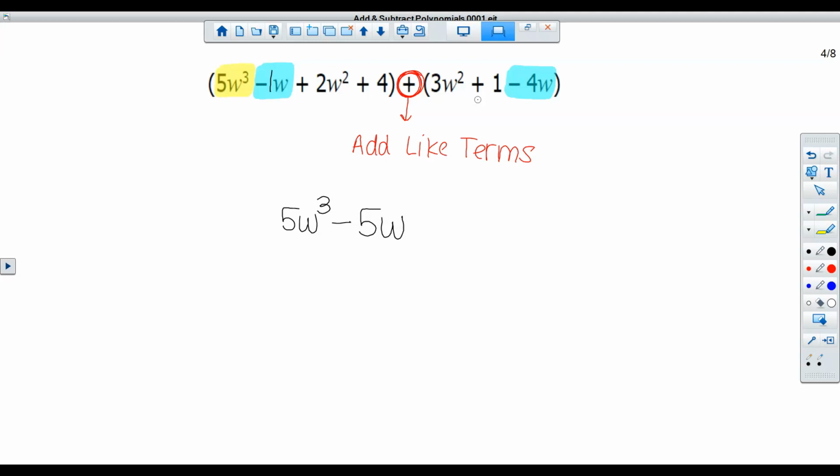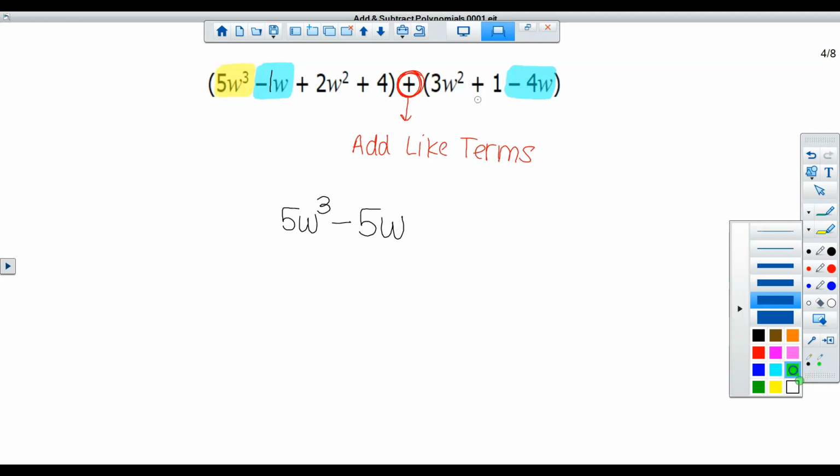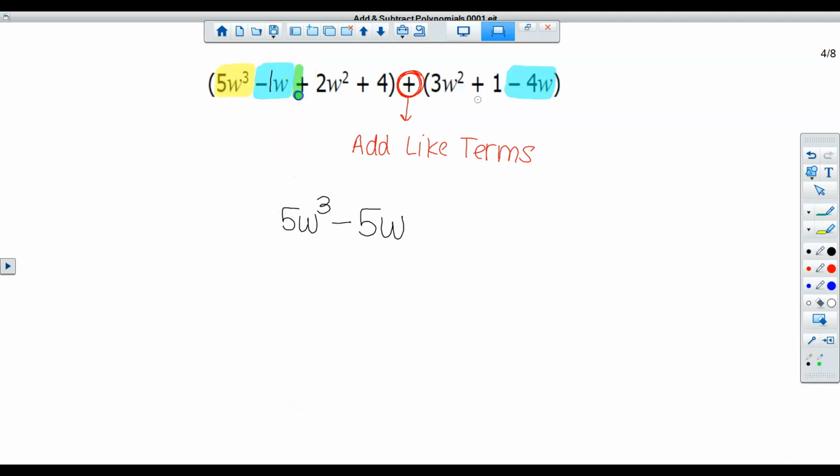Now, keep in mind, the highlighted things are the things we've dealt with. The things that are not highlighted yet are the things that we still have to do, so we've got more to do here. My next term over here is a positive 2w squared. He ends with w squared. In this polynomial, I see another term that has w squared.